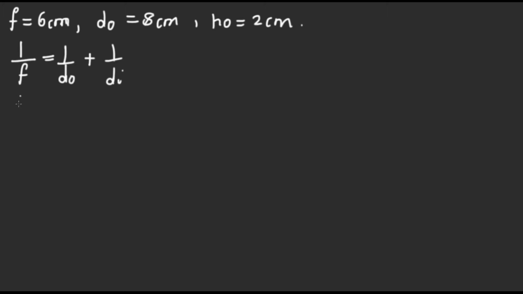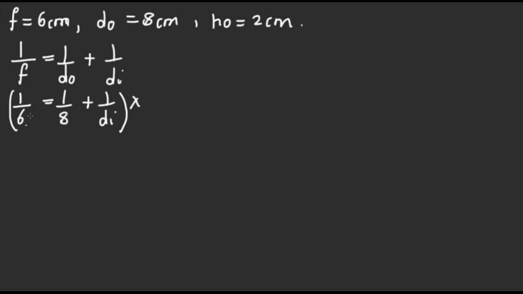So we can now do the substitution. I can say 1 over the focal length, which is 6, equals 1 over the distance of an object, which is 8, plus 1 over distance of an image. If you want, you can shift this 1 over 8 to the left side, because our target is to solve for DI. So I'm going to get rid of the fractions by multiplying by the common denominator.